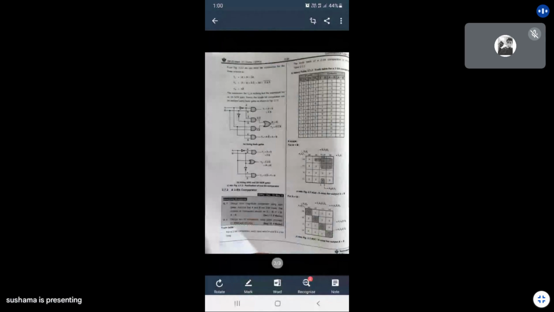Now it is a 2-bit comparator, so don't confuse. We are saying that 2-bit means we need a 2-bit. So we are considering A0 A1, that is a 2-bit, and again we have to compare with another one. So we need another number also of 2 bits. So B0 B1 is another number. So A0 A1 and B0 B1.